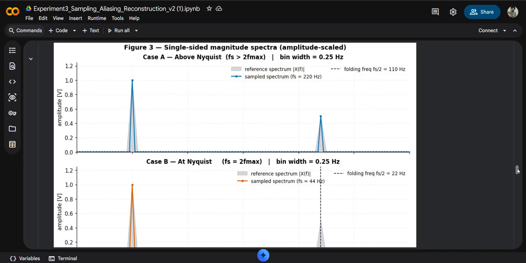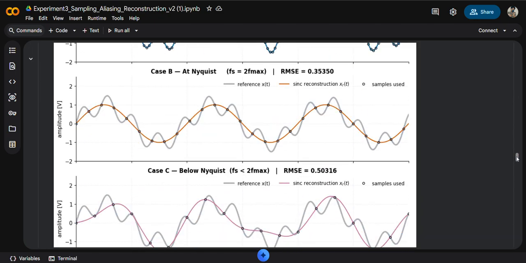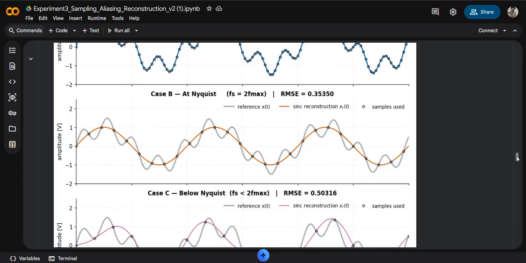Now let us move on to case B, exactly at the Nyquist rate. Alright, now things get weird. Case B is our critical case. Textbooks say sampling exactly at the Nyquist rate is the absolute bare minimum, but let's see what happens on the screen.